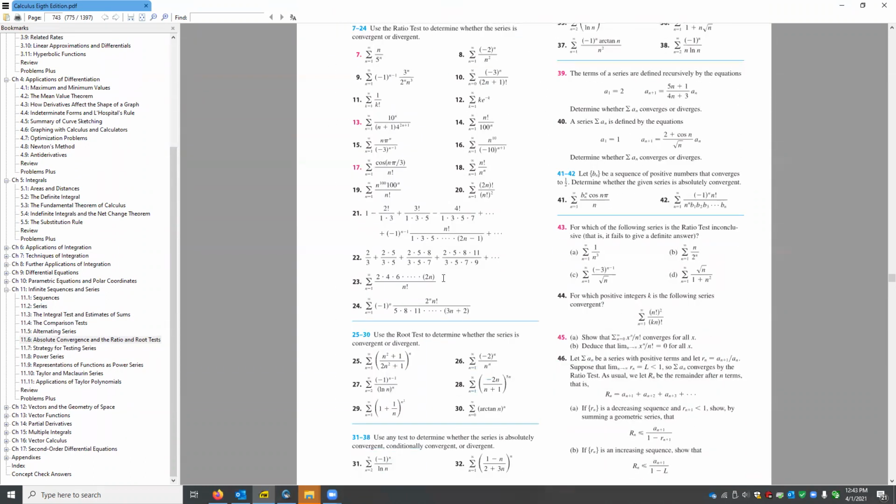So I'm going to grab just one of these here. Let's see. What looks like fun? This kind of looks like fun. This looks like fun. I know these look a little bit scary, so I think they would be good ones to look at.